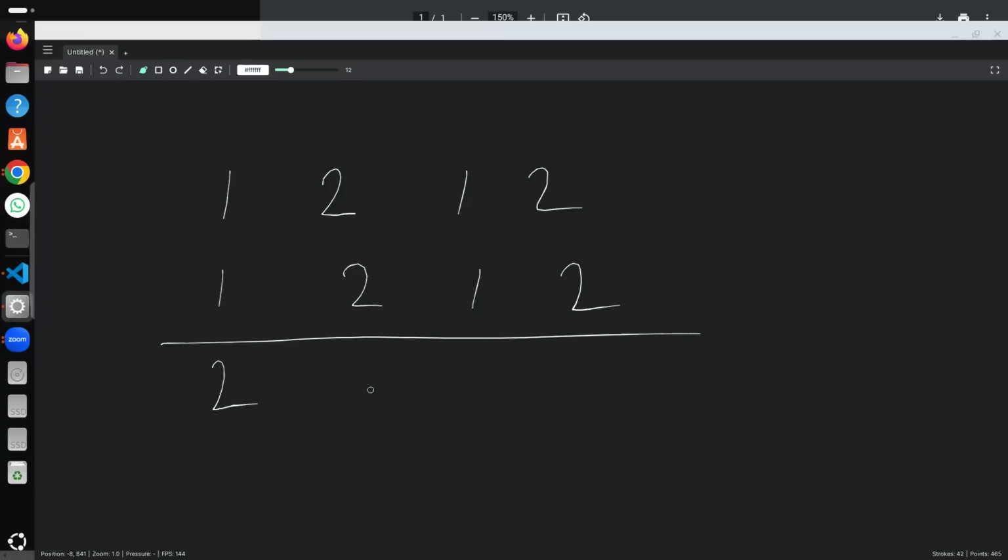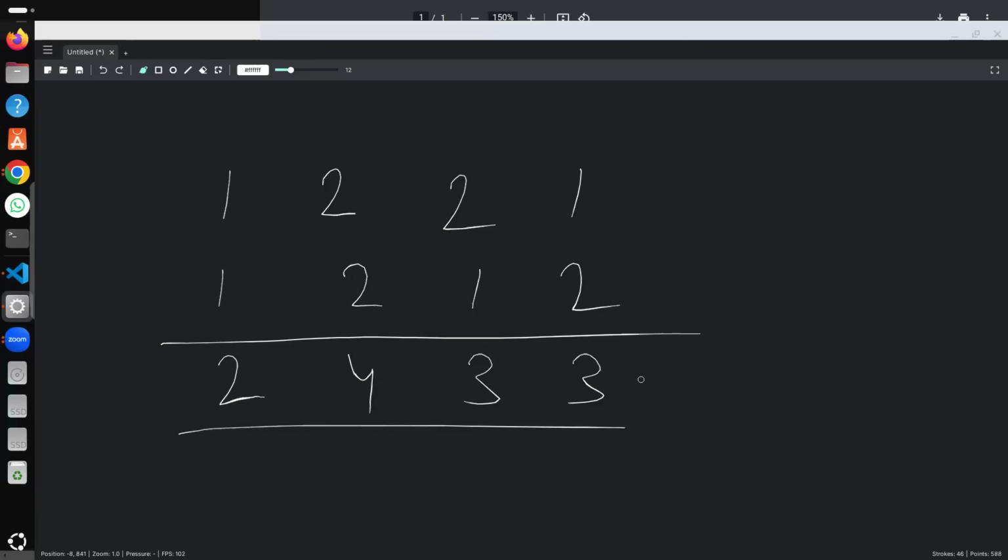But what we can do is rearrange the array A. We can make it 1 2 2 1. In this case, we'll get 2 4 3 and 3. So this array has at least three distinct elements. So that's why the answer is yes.